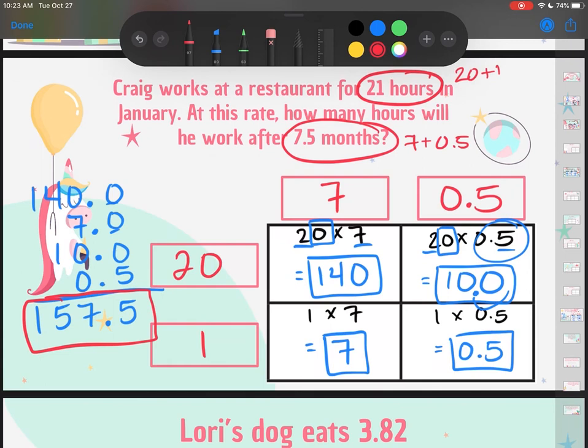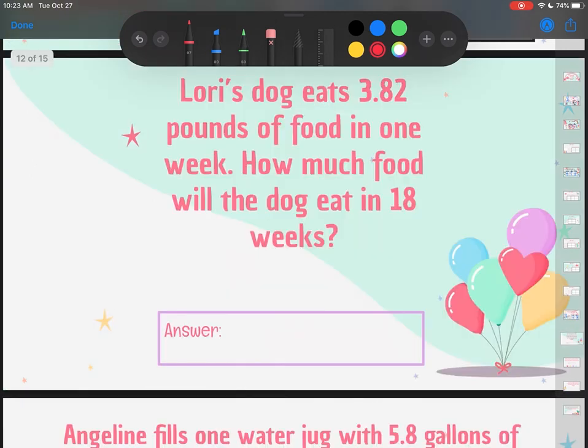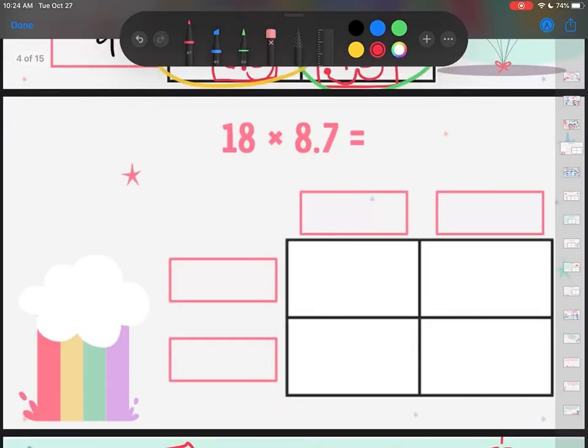So that is using an area model to solve our multiplication problems. You've got 10 problems to do on your own. The final problems don't require you using area models. So you can just use normal multiplication, traditional multiplication to solve those. But on the other 6 questions, you will have to use your area model to solve.